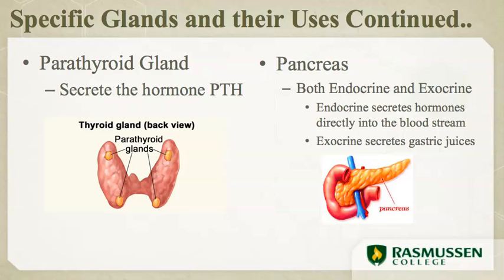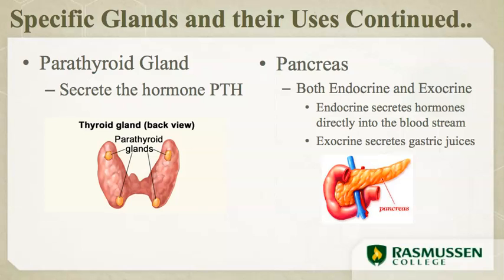My goodness, we're talking about the pancreas. I'm very sorry, I skipped right over the parathyroid gland. So the pancreas is considered both exocrine and endocrine, and the endocrine function resides within the islets of Langerhans, which is a small cluster of cells within the pancreas that secrete hormones directly into the bloodstream.